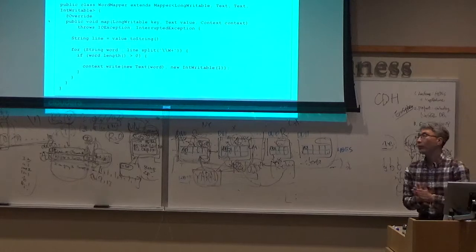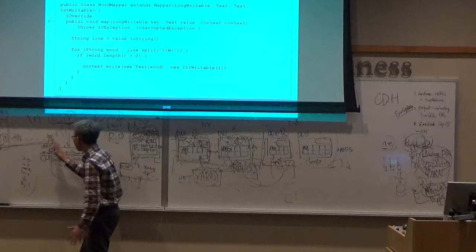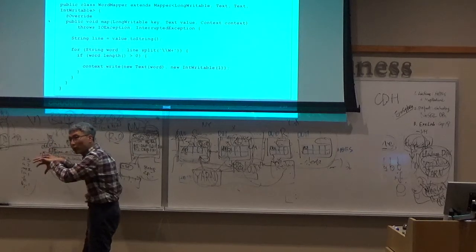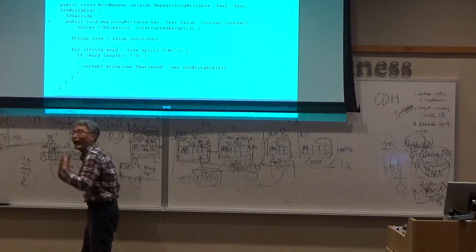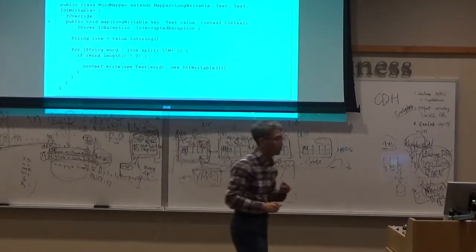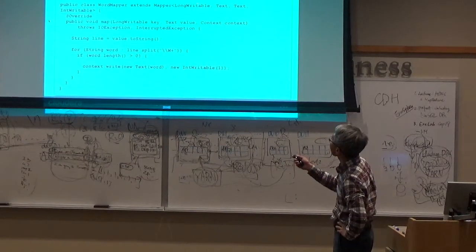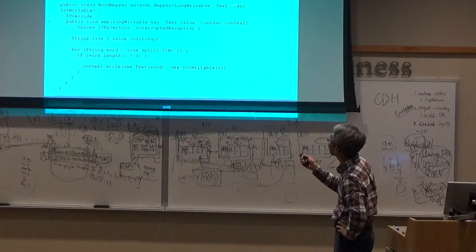So this one is a mapper. What the mapper is doing is splitting the data into what we want, which is word by word. This is the input key and value, and the output key and value.